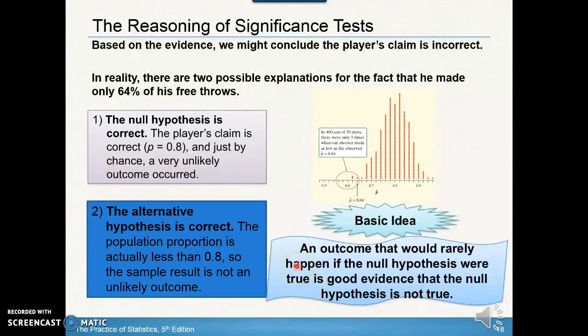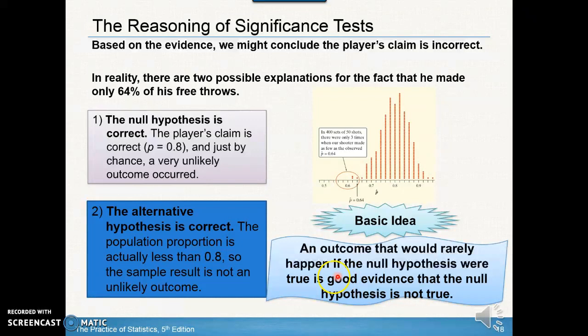Assuming that he makes 80% of his free throw shots, that's a tongue twister for me. Sorry, this is confusing wording. An outcome that would rarely happen if the null were true. In this case, this outcome is only going to happen 0.7% of the time.